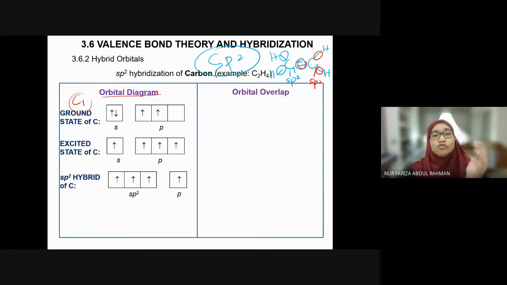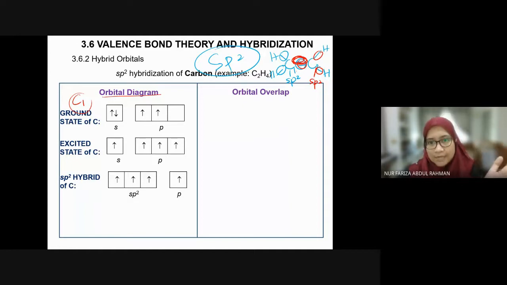That's why mungkin dia tunjuk 1 lah dekat situ. Please make sure you add notes ke dekat situ. Kenapa dia tunjuk 1? Supposedly you should have 2 orbital diagram for you to form bond between the carbon and carbon. Especially for this bond, it's between carbon number 1 and carbon number 2.